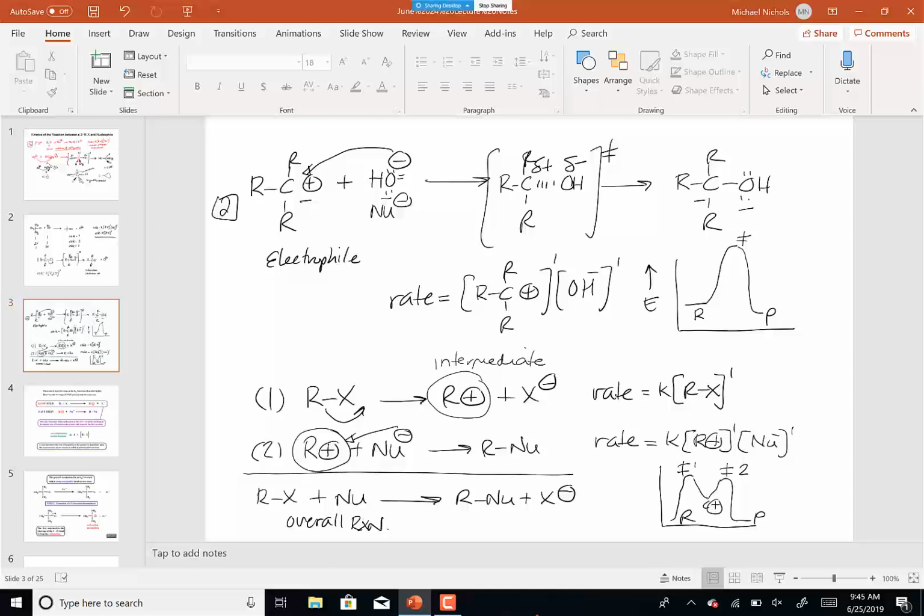So they can exist a long time if necessary, depending on exactly which one it is. So the difference between intermediates and transition states: I can't isolate a transition state, but I might be able to isolate an intermediate. And they're lower in energy, as this reaction coordinate diagram shows. So they're more stable.